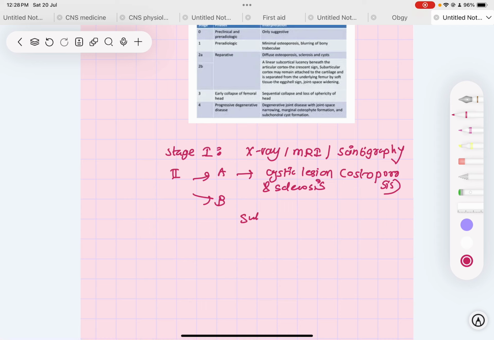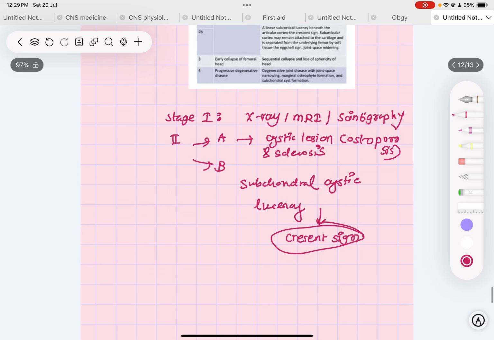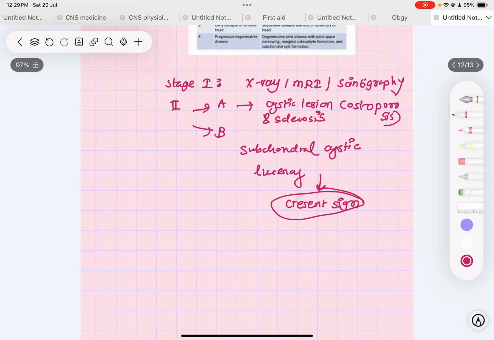And in B, there will be subchondral cystic lucency, and that is the crescent sign. So we have to remember that stage 2B has this crescent sign.